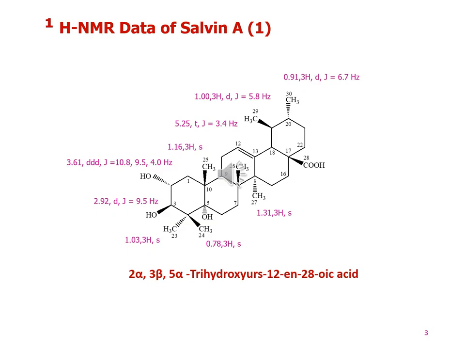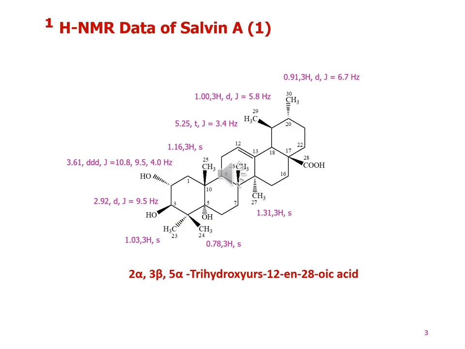mass as 488. The proton NMR spectrum showed tri-substituted double bond at sigma 5.25, that is triplet, and J value 3.4 Hz, and two oxymethine protons at 3.61, one proton doublet of doublet of doublet, and J value is 10.8, 9.5 and 4.0 Hz, and 2.92, one proton doublet, J value 9.5 Hz.